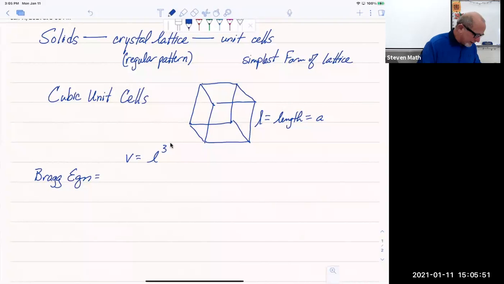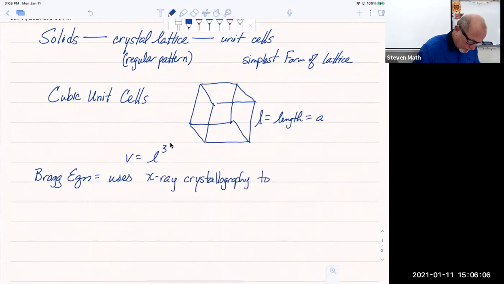The Bragg equation uses X-ray crystallography to measure L. So this is how they get L.